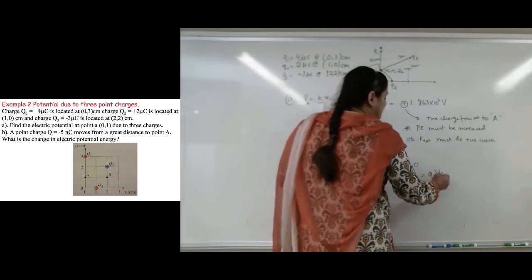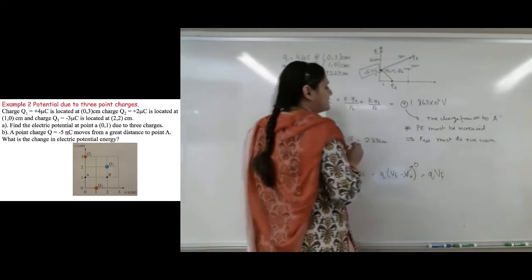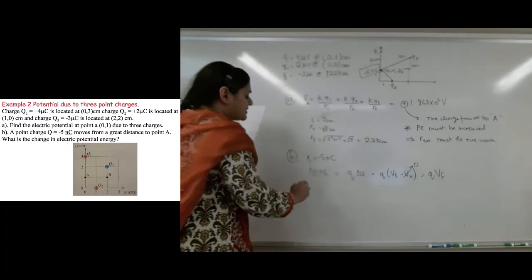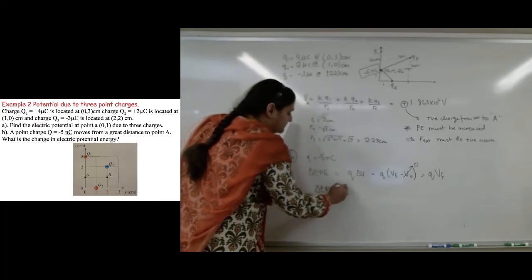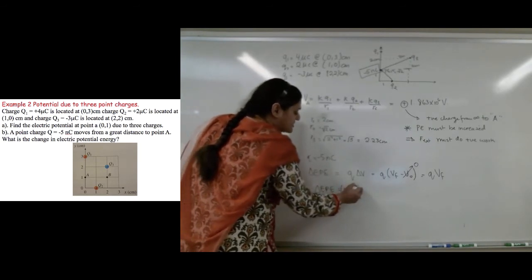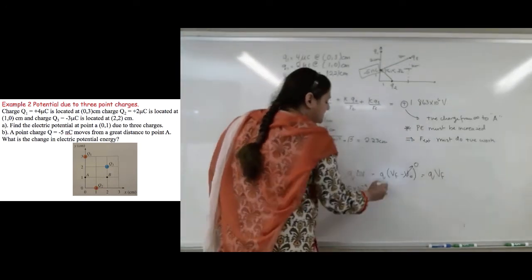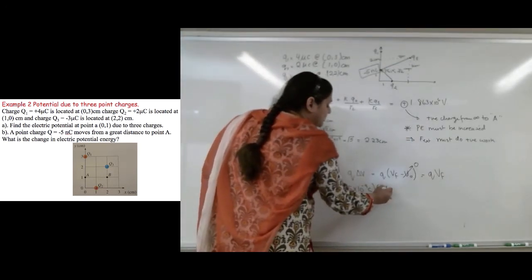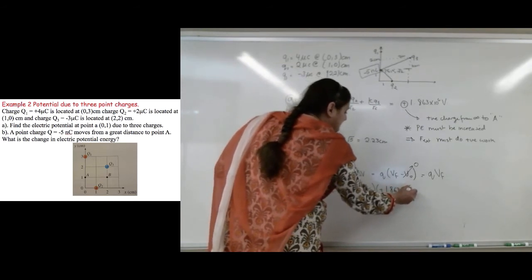Q V final. And where are we going to find the V final from? Absolutely, the answer from part 1. Okay, so the change in electrical potential energy will be minus 5 nanocoulomb, which is 10 to the minus 9 coulombs, and VF is going to be this number here, plus 1.863 times 10 to the 6 volts.